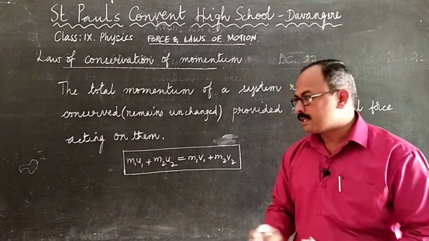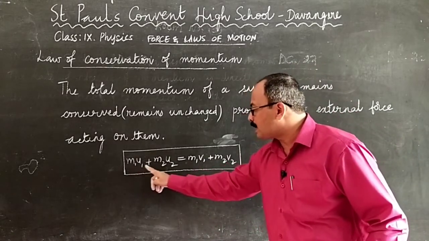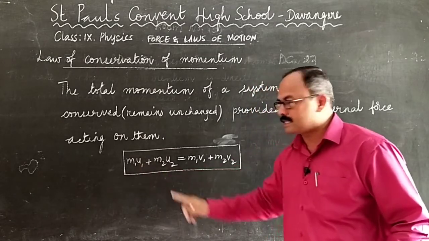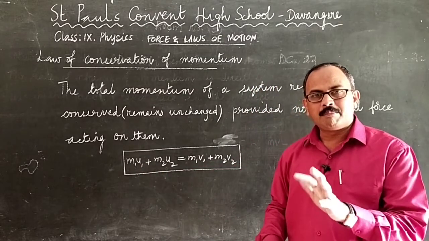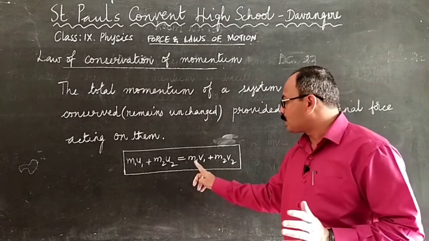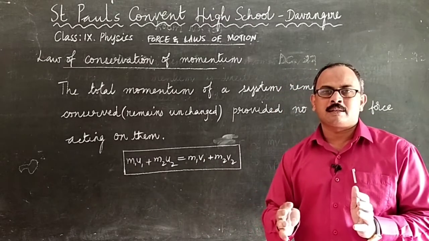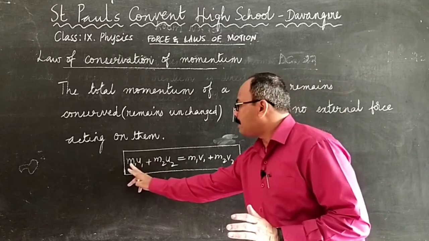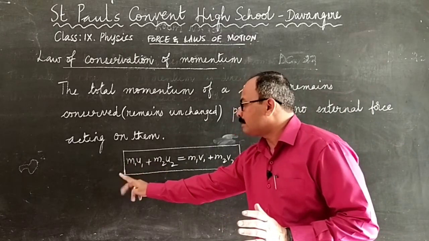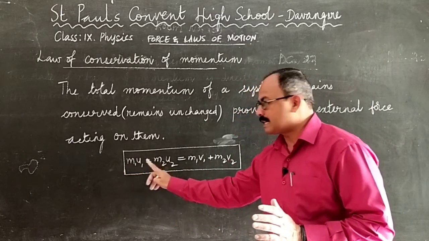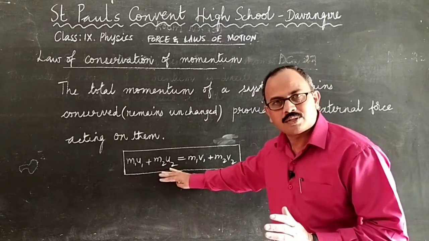It says the total initial momentum of two objects will be equal to the total final momentum of those two objects. Consider mass m1, the first object, and this is the second object. Its illustration, children.